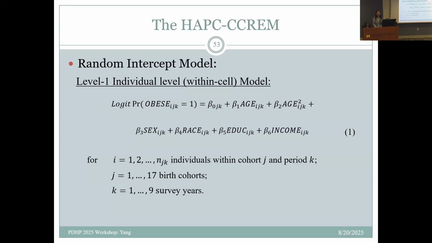And for individual i, that goes from 1 to n_jk, which is the number of individuals within cohort j and period k, where j goes from 1 to 17 5-year birth cohorts, k goes from 1 to 9 survey years. So this is the level 1 model.